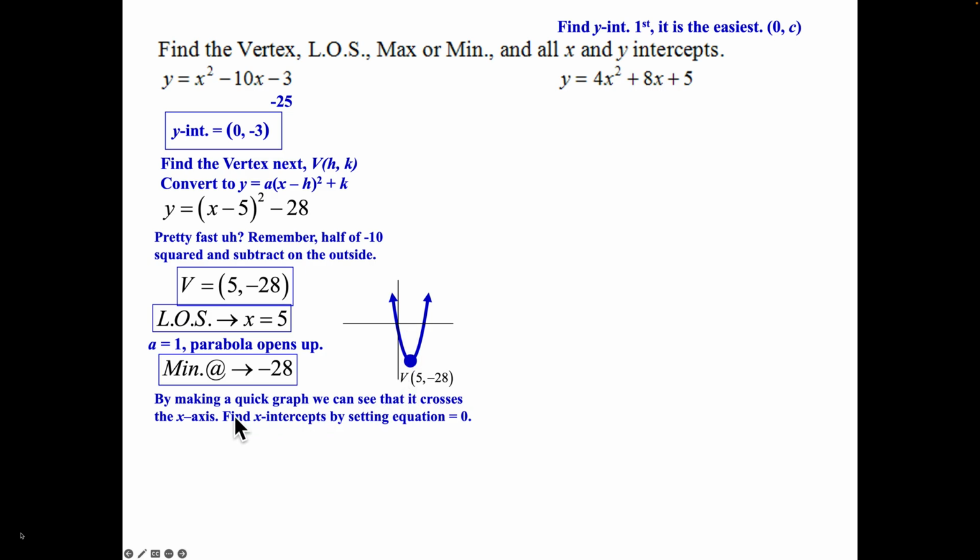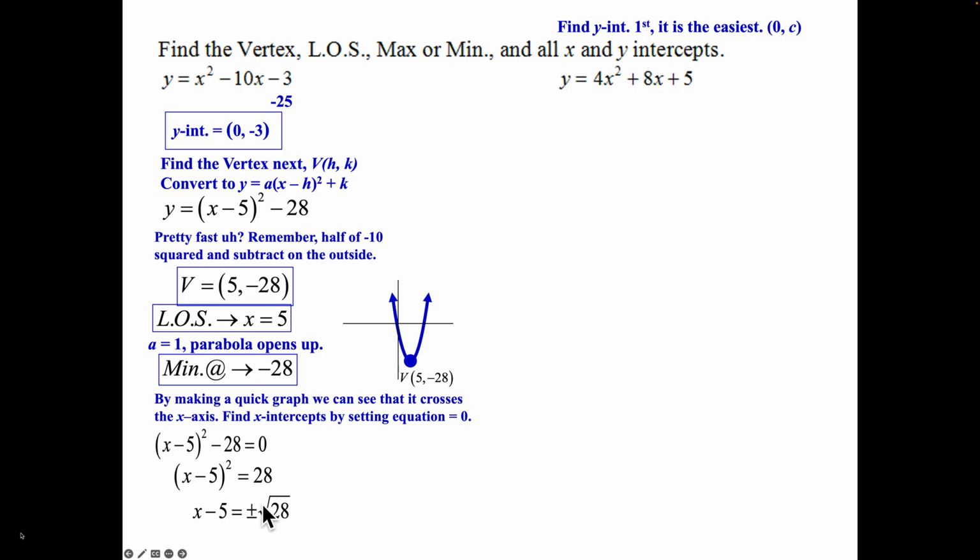So now to find the x-intercepts, we go back to this equation right here. y equals the binomial (x minus 5) squared minus 28, and you set it equal to 0. We're going to add the 28 over. We're going to take the square root of both sides, plus or minus. Wait a minute, 28, I know there's a perfect square of 4 in there. 4 times 7.